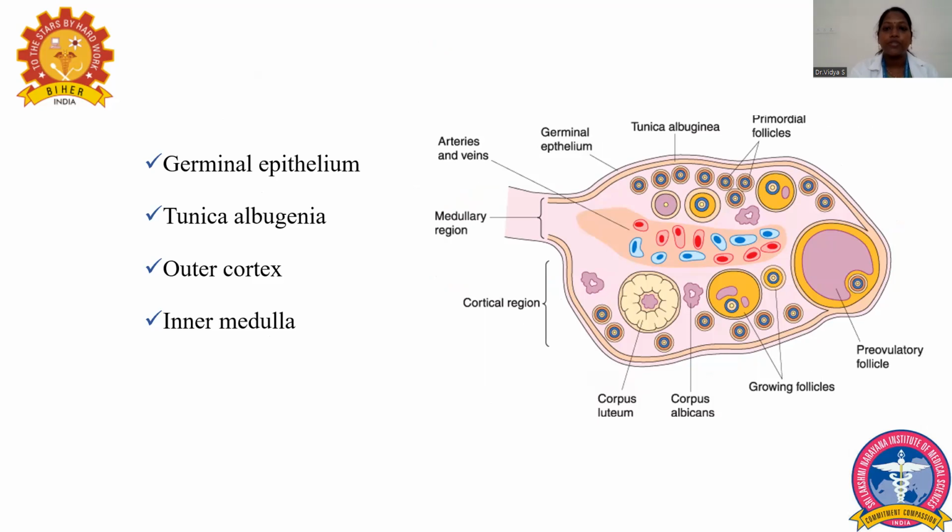You can see in this picture, the outer epithelial cells are called the germinal epithelium. Below this, you can see the tunica albuginea layer, the orange color. Next, outer, we call it the cortex layer, and innermost, we call it the medullary layer.